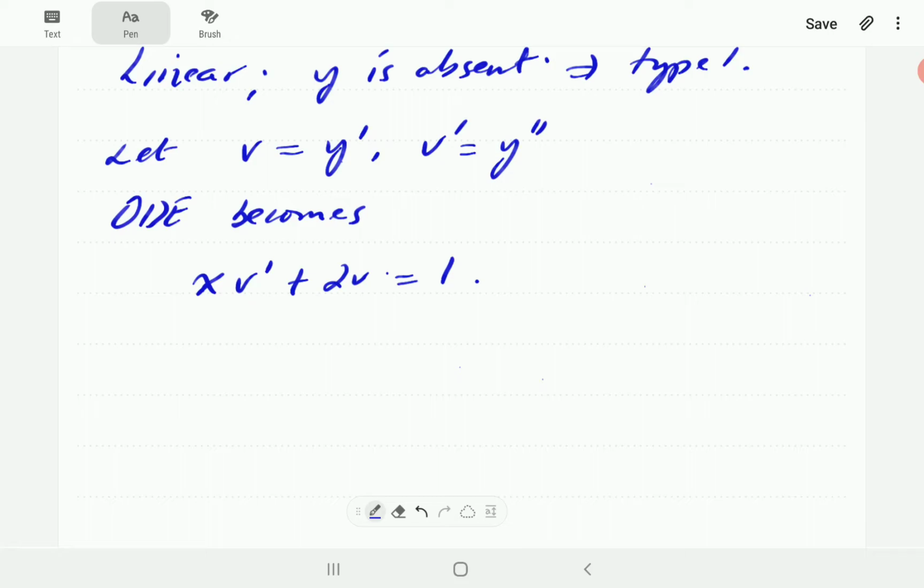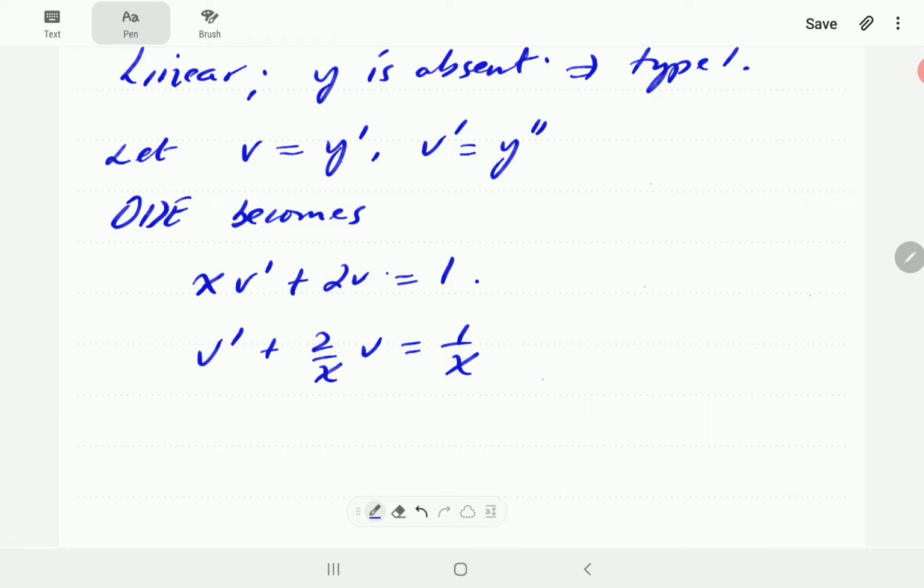Now then, this you can see is a first order linear ODE, but to put it in that standard first order linear ODE form, we need to divide by x.